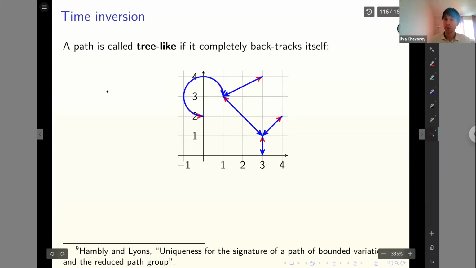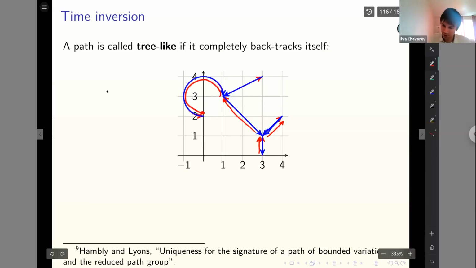So this is an example of a tree-like path. Essentially what it does is it first moves up in this direction, then it moves, say, along here, and then it moves back along the same exact path. Then it moves outwards here, and then it might move outwards like this.